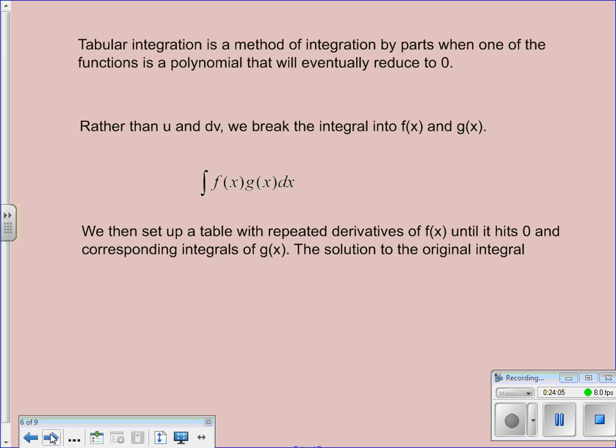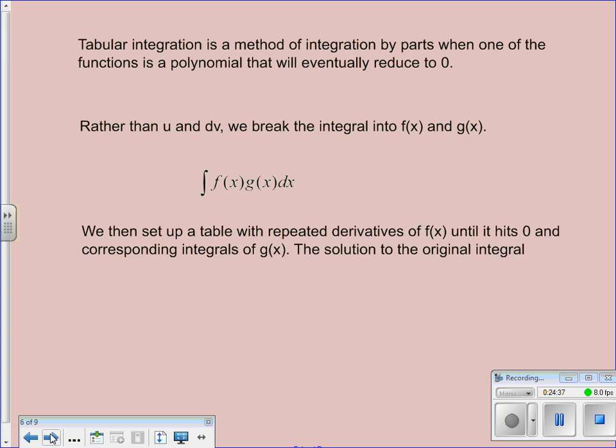So tabular integration is, instead of doing a UV substitution, it is UV, but it's a way of doing UV in a slightly different circumstance. Rather than u and dv, we're going to break the integral into two functions, f of x and g of x. f of x is the function that is a polynomial that will eventually reduce to 0.